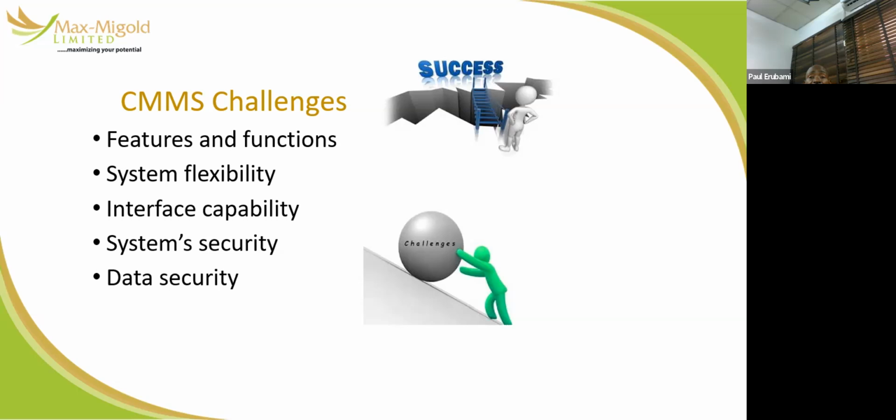Do you stand the chance of risking your information to threats or hackers? These are all what you need to consider. Then in terms of data security, because you need your data to be up and running, you need your internet to be up and running. How secure is your data when you have your internet running 24 hours in order to maintain availability and accessibility of your CMMS to all the end users?